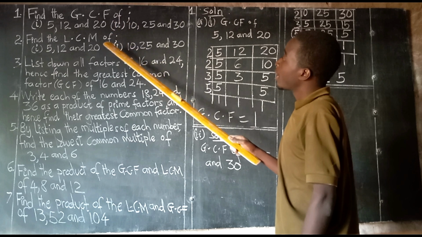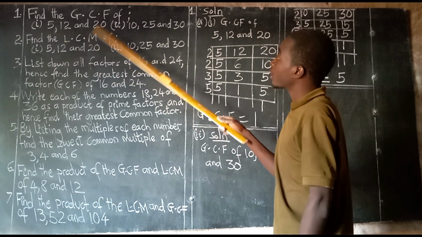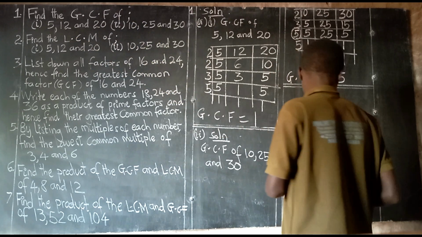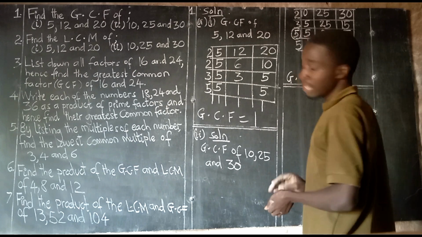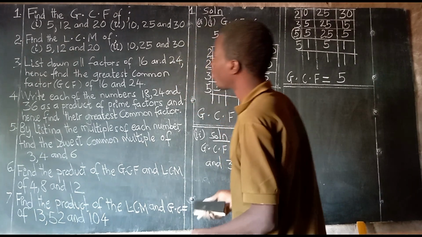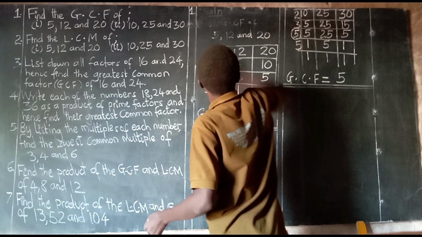So the numbers are the same, but what is looked for is different. Now let us proceed with the way we calculate the LCM of numbers.